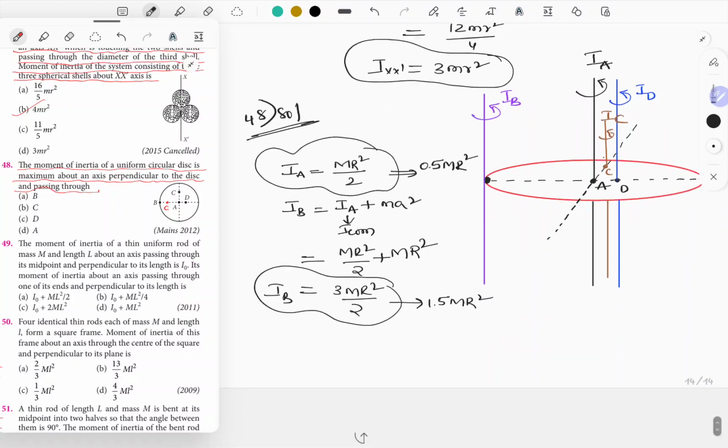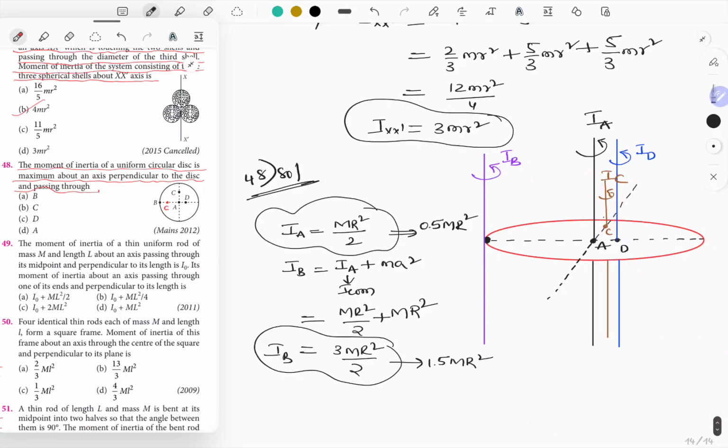One thing, if you understand, if the distance of separation between the parallel axes increases, then the moment of inertia definitely increases. Now you can compare. The moment of inertia at B is greater than at C, greater than at D, which is greater than the moment of inertia of A.